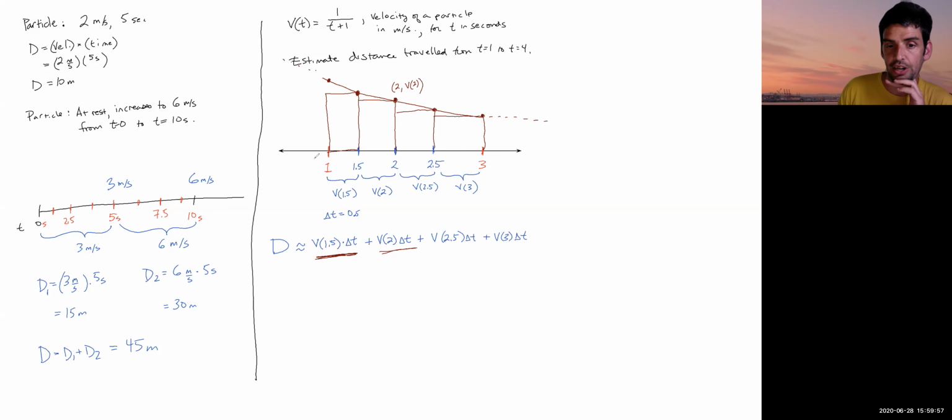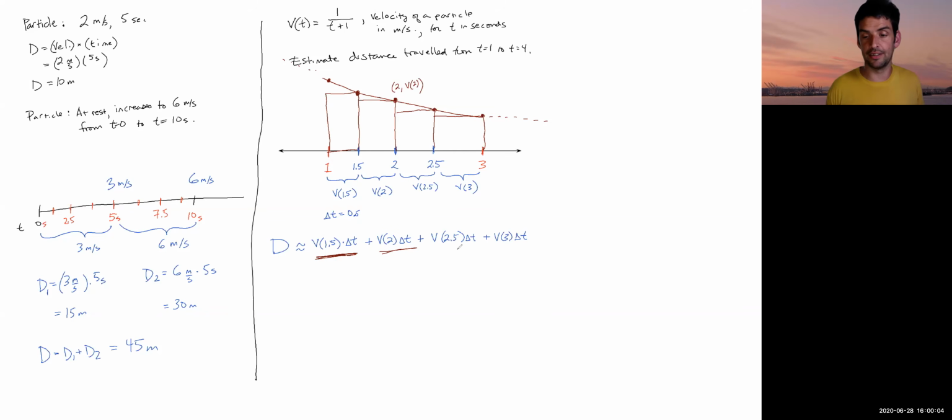When we integrate over this time interval from t equals 1 second to 3 seconds, we get the distance traveled during that time. You can see in the process that it's exactly the same thing we would do if we forget all this calculus stuff and just think about something moving and how we figure out distance given a velocity and the time. So these approximating rectangles give us an approximate distance. And if we chopped it up into more intervals, we would get a better approximation. I would fill this rectangle up to here.